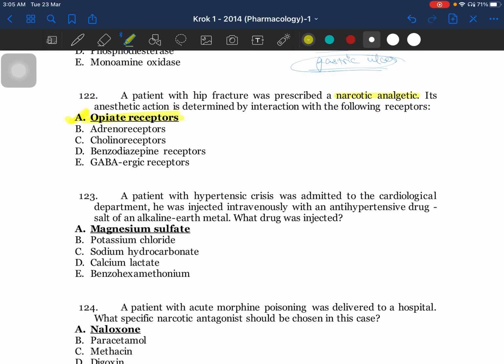So you need to remember this directly, that the narcotic analgesics or the opioid analgesics have the opiate receptors, and for the androgens, I've told you earlier that we have nuclear receptors.